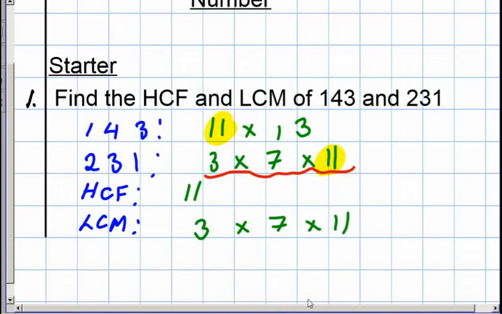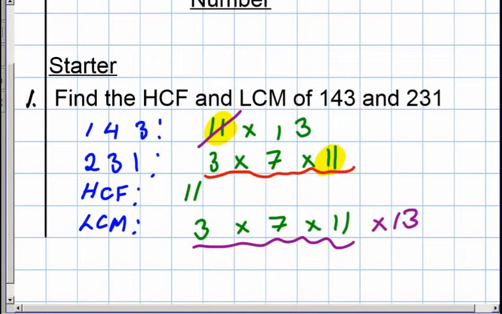I need to have these factors in there, 11 times 13. I've already got 11 in there. So all I need to do is add the times 13 so that I've got all the factors of 143 and all the factors of 231 in this number here without unnecessary duplication. So it's the lowest multiple.